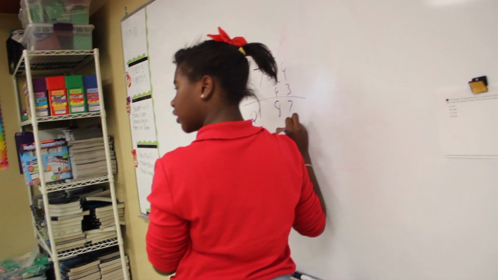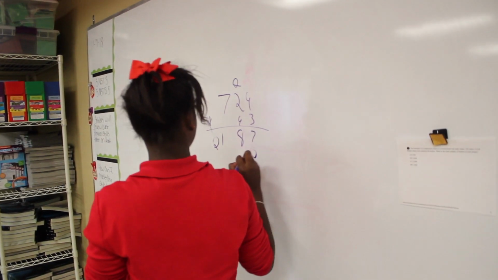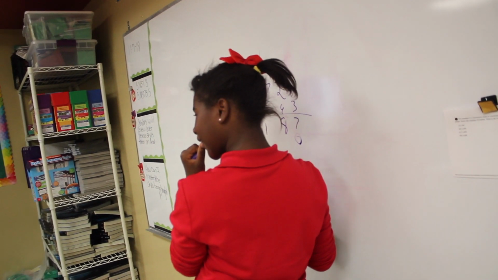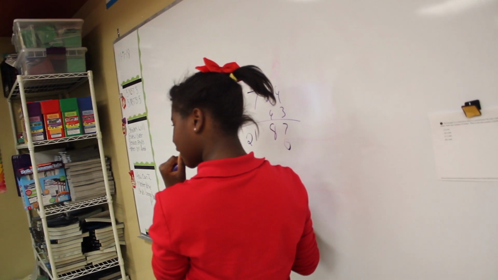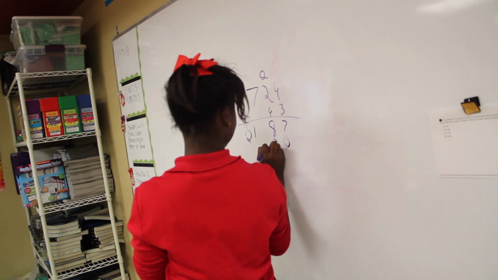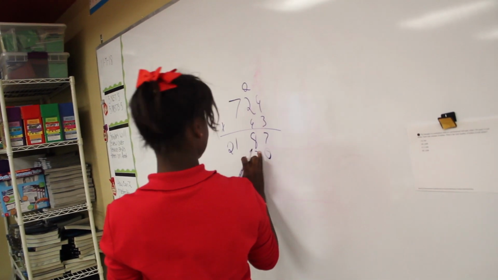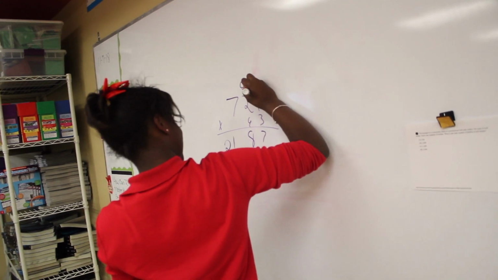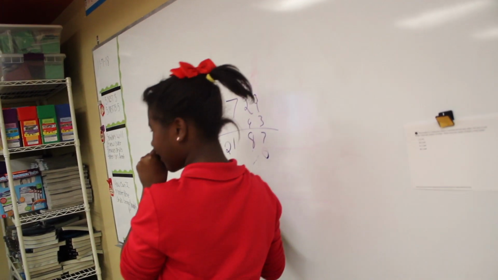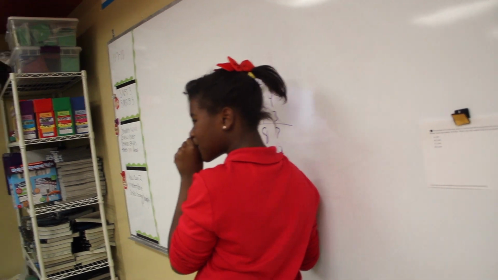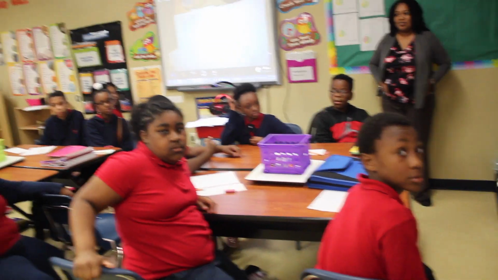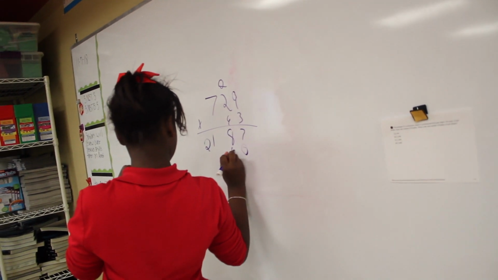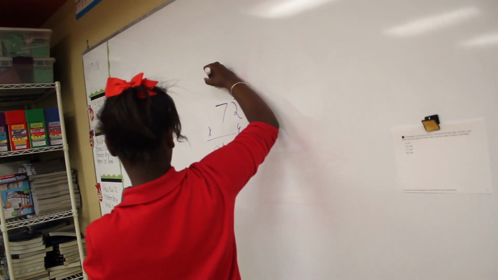What do you put here? A placeholder. Kelly, what do I do next? What is 6 times 9? Kelly, 6 times 9 is 54. You put your 4, carry your 5.